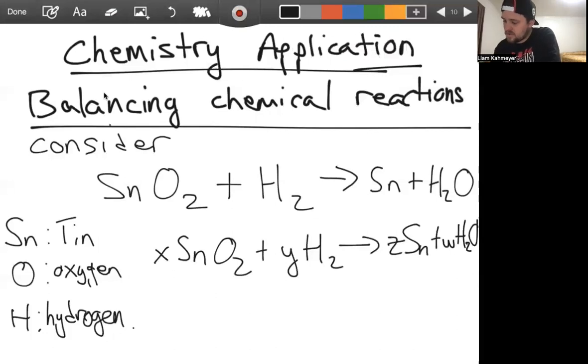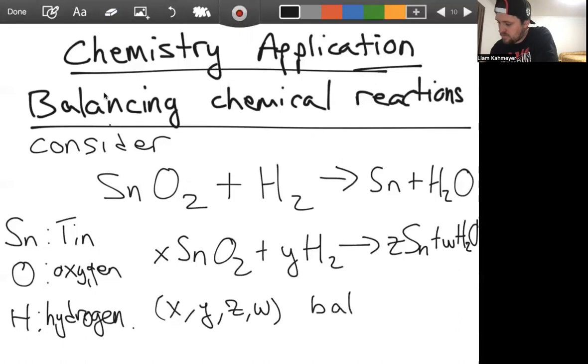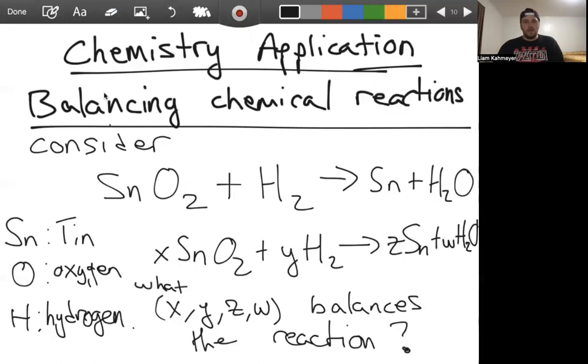And basically the question is, what X, Y, Z, W balances the reaction? What multiples of these terms here do we need so that this chemical reaction is balanced?